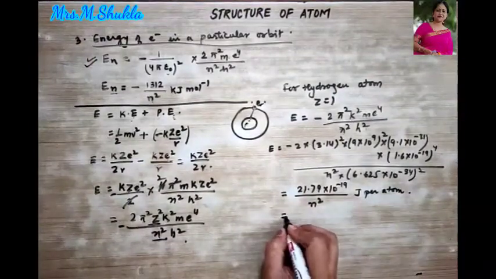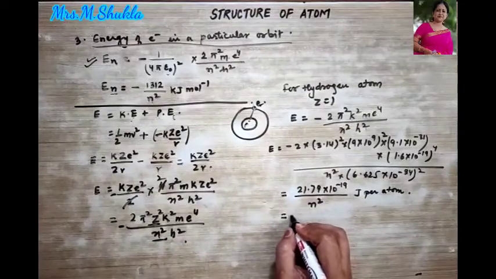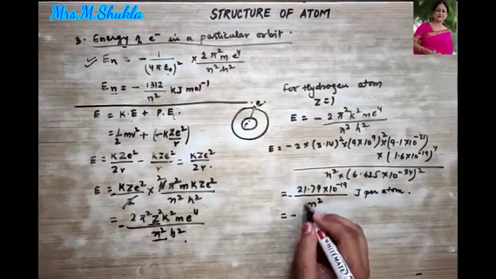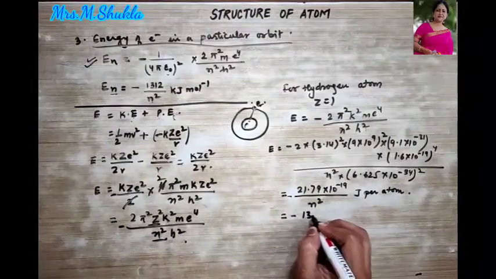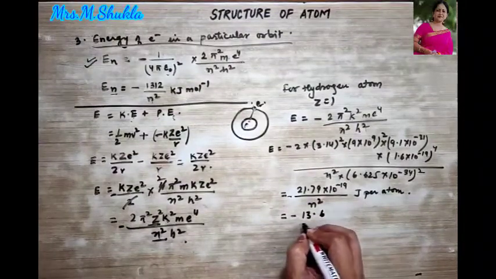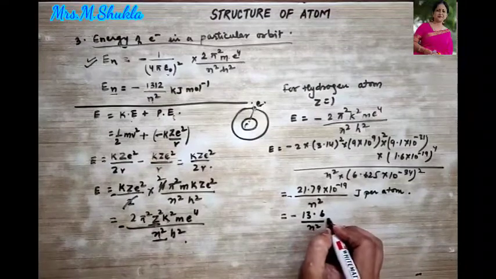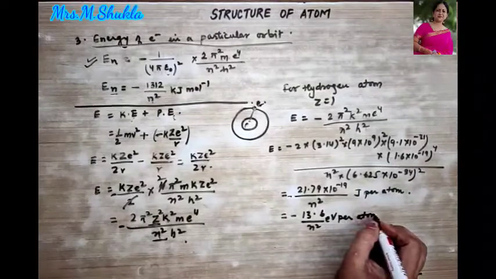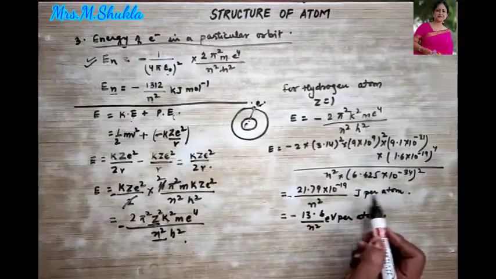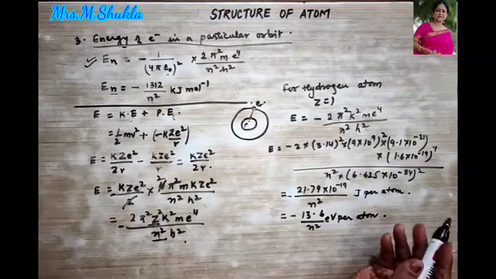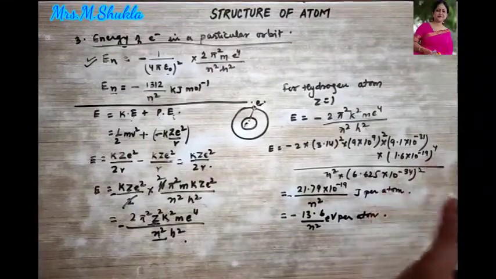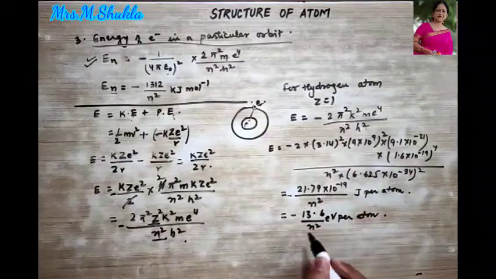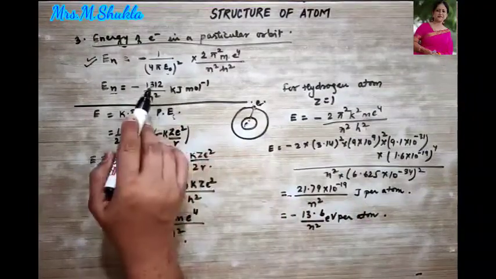Okay, this will be equal to minus 13.6 upon n square electron volt per atom, because 1 joule is equal to 6.241 into 10 to the power 18 electron volt. All this calculation won't be asked, but this is how you get this value.